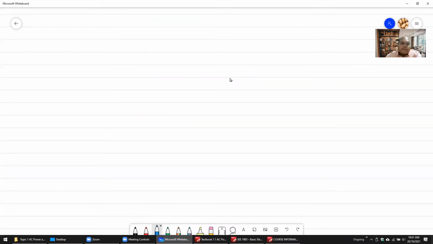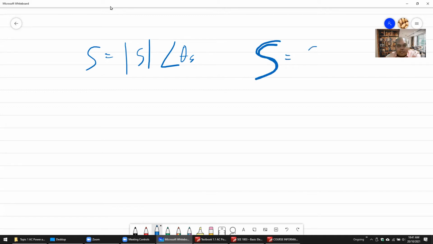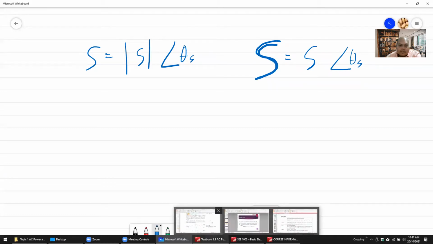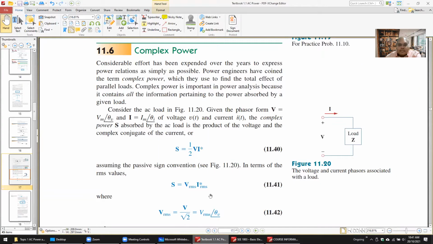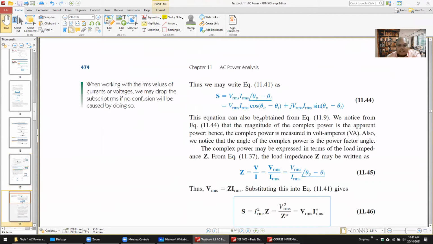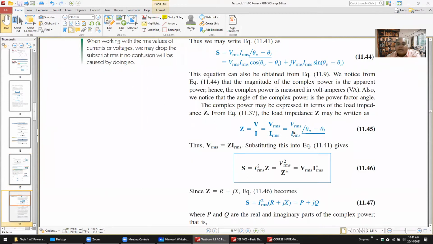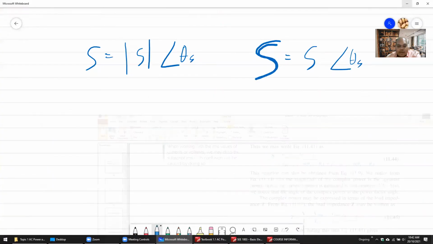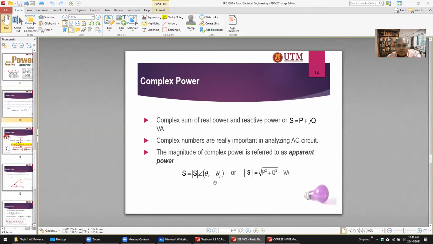For complex power, you can write it in two methods. The first method is S equals S angle theta S, or the second method uses a bold S equals S angle theta S. If you look at the textbook, they use the bold method, and in the note, they use this other method.